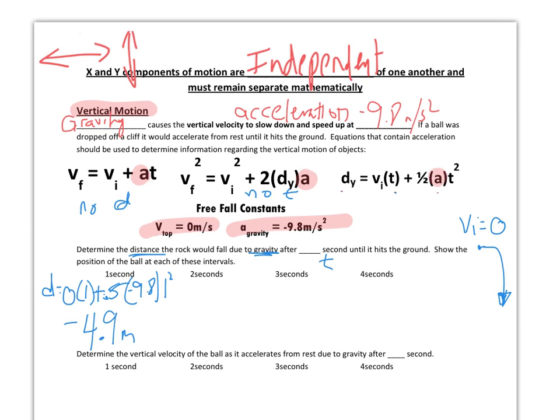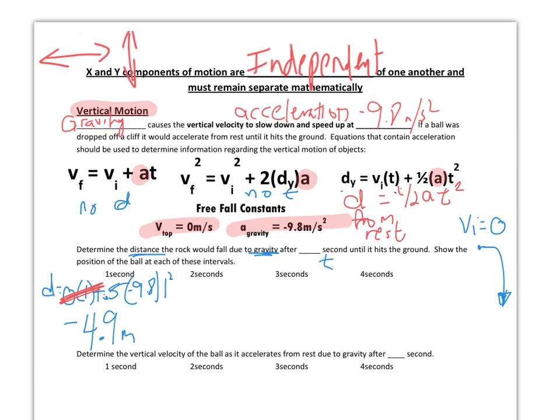Now, most of us pretty quickly start to recognize that when something is falling, we can simplify this equation by canceling out that beginning part. So the displacement from rest can be simplified to be 1/2 times our gravity, its acceleration, times the time squared.